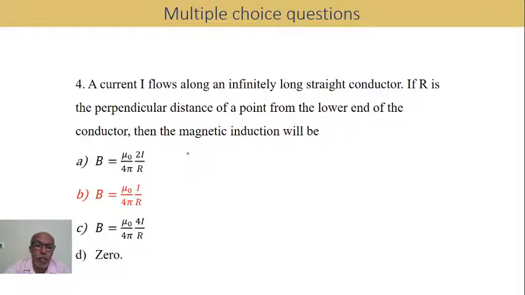As we know, the expression for magnetic field is B equals mu naught I by 4 pi R into sine phi 1 plus sine phi 2.